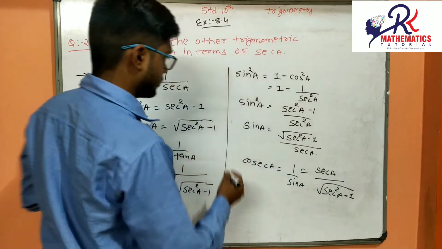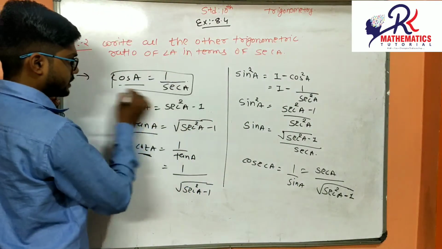So this is cosec, the first trigonometric ratio.